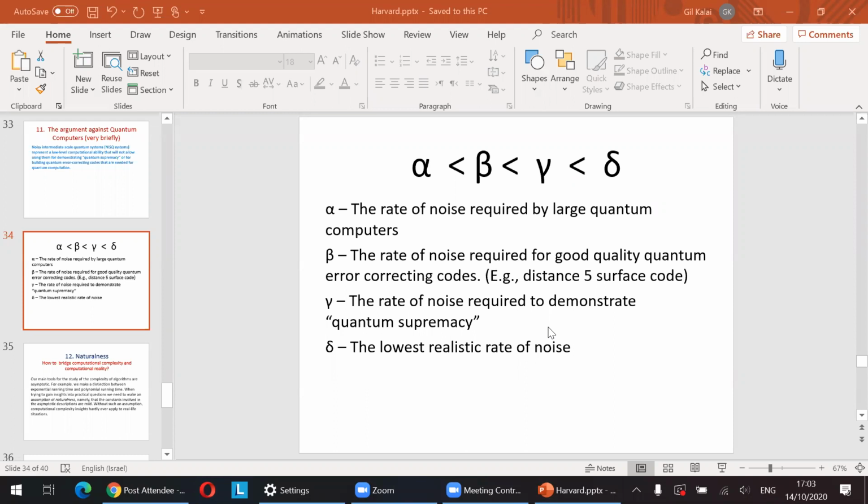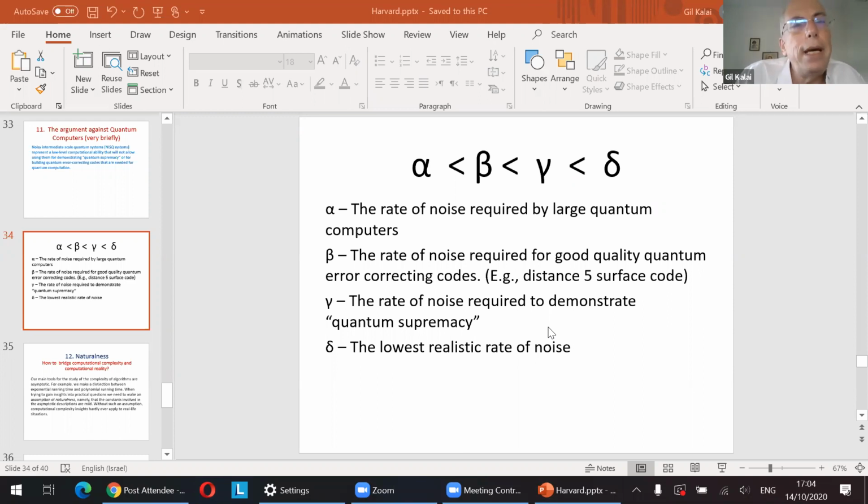Okay, let me say how to define it. One way is you take any physical system that realizes a qubit or 2 qubits, apply a random gate n times, and look at the minimal value of n until the entropy of the system is larger than, say, 0.2.